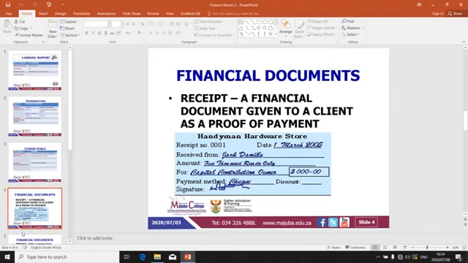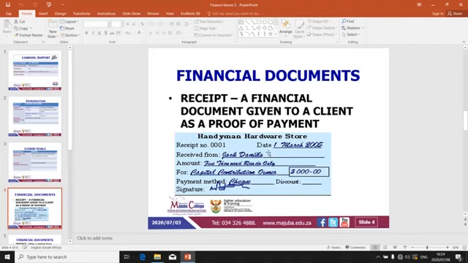You pay the school fees to a financial clerk at the school, and then that financial clerk gives you the receipt, which is the proof of payment. It has a receipt number, because there must be proof, because at the end of the day, these documents need to be balanced and audited.